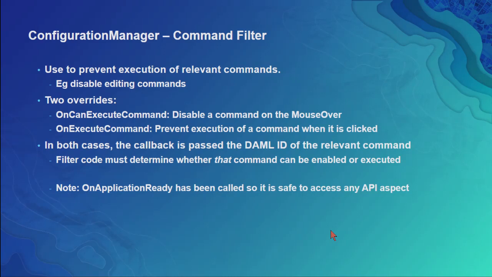And then we have the onExecute command, where we can prevent execution of a command when it's actually clicked by the user. In both cases, the callback is passed the DAML ID of the relevant command, and then the filter code itself must determine whether that command is enabled or executed or not. And here's an additional note: onApplicationReady has been called, so it's safe to access any ArcGIS Pro API.